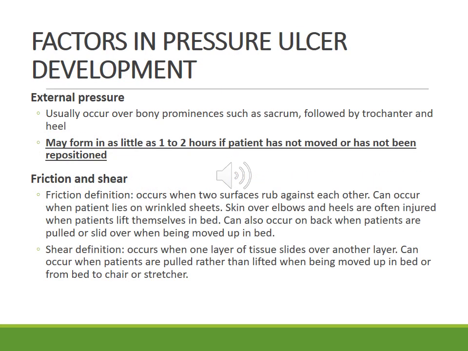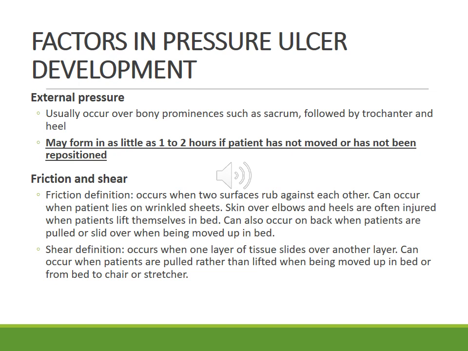So when we think about factors that develop a pressure ulcer, it's again that external pressure. As I said, you have a bedridden patient, it usually occurs over their bony prominences, such as their sacrum, followed by their trochanter and heel. They can form very quickly.